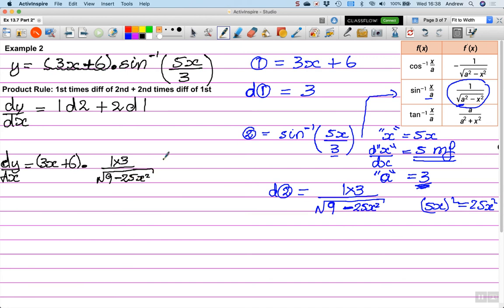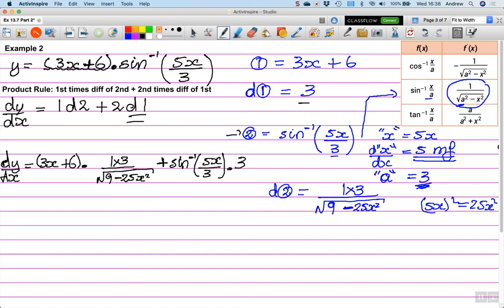And then it's plus the second function, which is sine inverse of 5x over 3 multiplied by the differential of the first, which is 3.